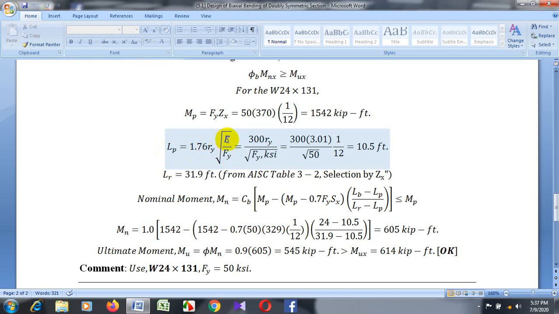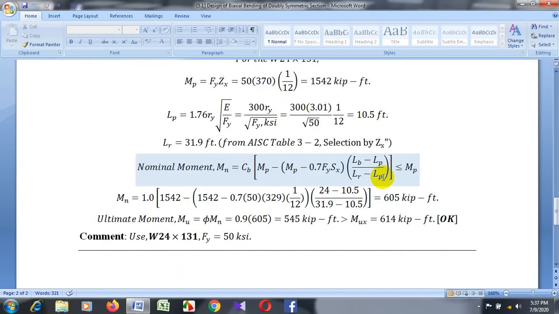Now put the value of E and multiply it with 1.76, and ry from the AISC LRFD manual is 3.01, divided by root over 50. This value is in inches, so multiply by 1 divided by 12 to get this value in feet, and Lr is 31.9 feet. This value comes from the AISC table, section by Zx, in this manual.